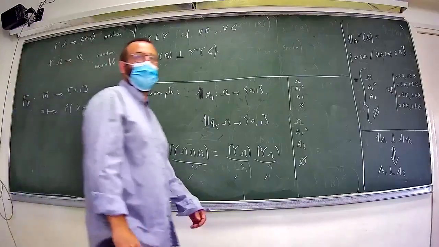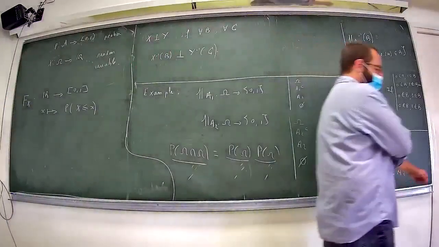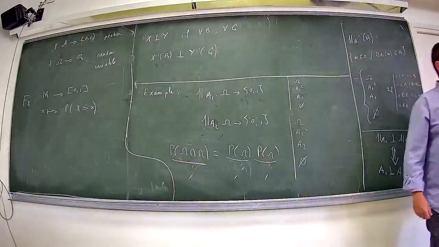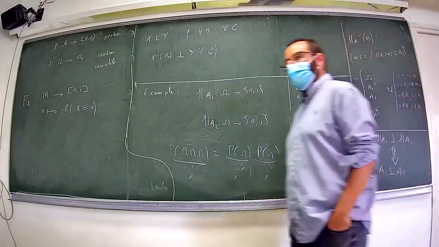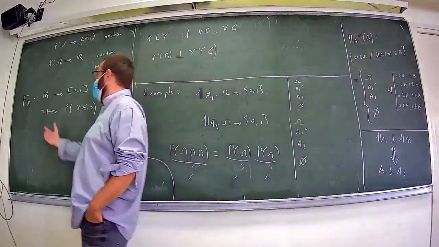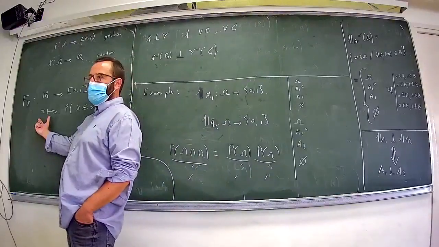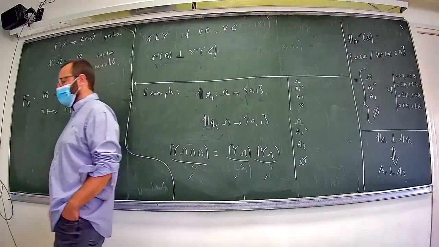It's what we call the distribution function of capital X. Okay, the probability that X is less than small x, for any real number x.